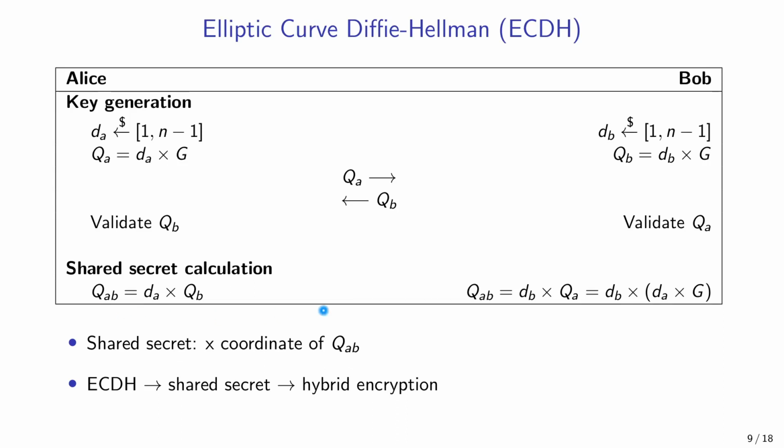Bob can then derive the shared secret using his private key and decrypt the data. So in the case of RSA, we could simply take the public key of the other party and use it to encrypt data, but here we have to generate some temporary throwaway key pair in order to do that. Okay?